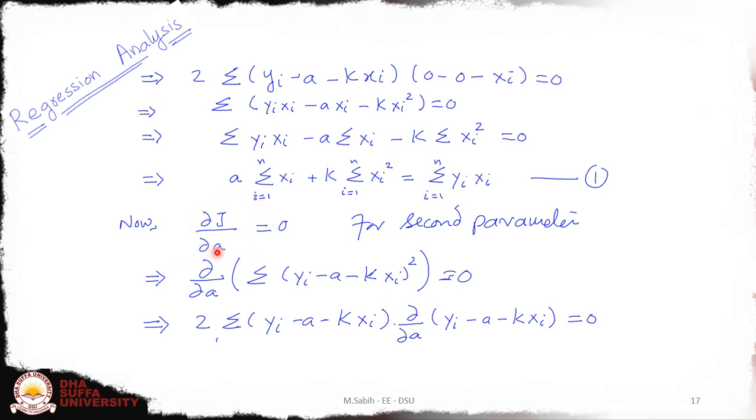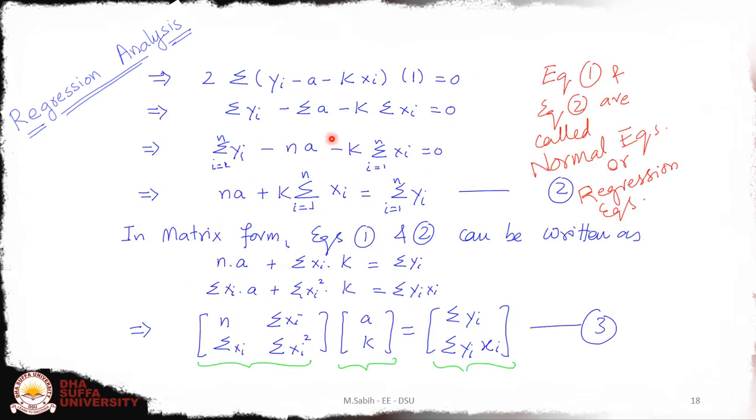Now we go for the second parameter: differentiate J with respect to a, and equate to 0 to find the minimum. Solve it like this, and finally you will arrive at equation number 2, a times n plus k summation xi equals the summation of yi.